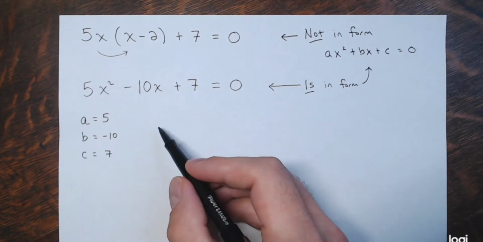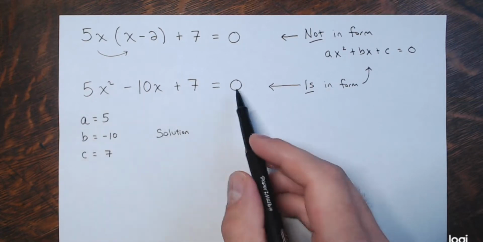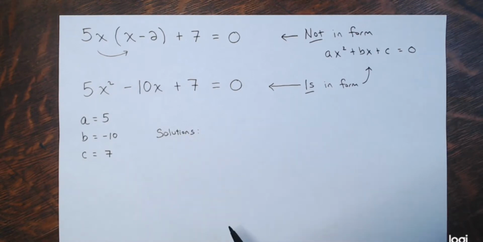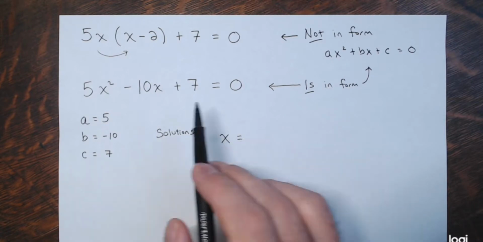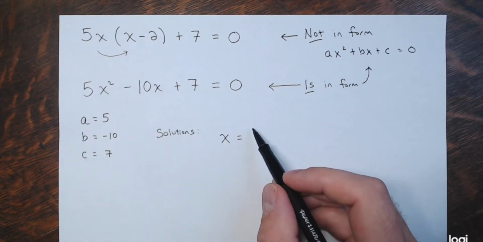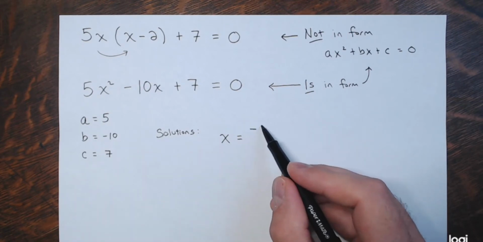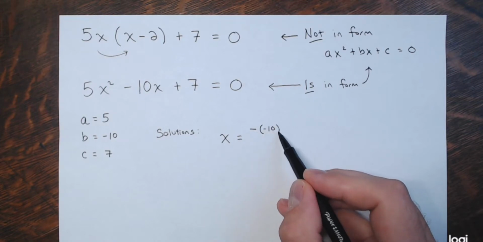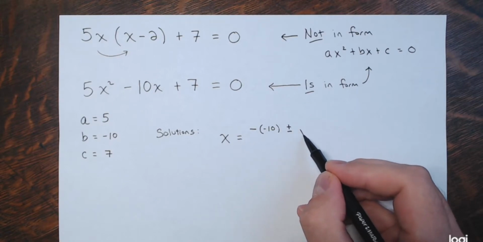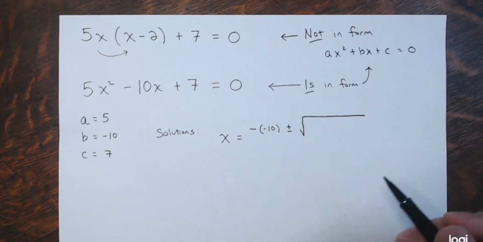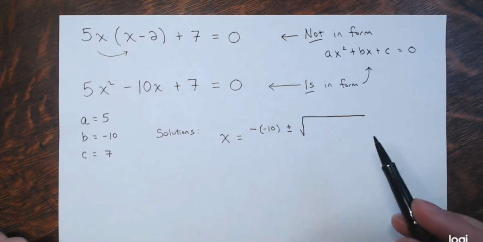Then the solutions of this equation, once we have it in this form, we can jump right to the quadratic formula. So x, the variable this time, equals the opposite of b, negative b, plus or minus the square root, and inside the square root is the discriminant, b squared minus 4ac.